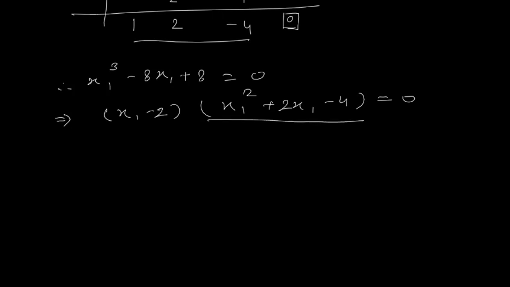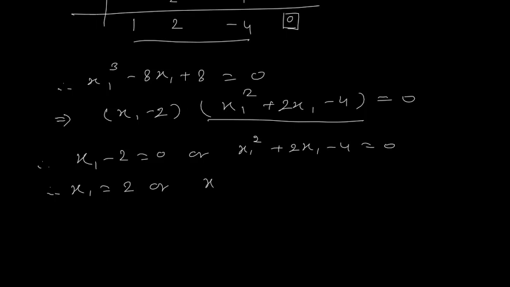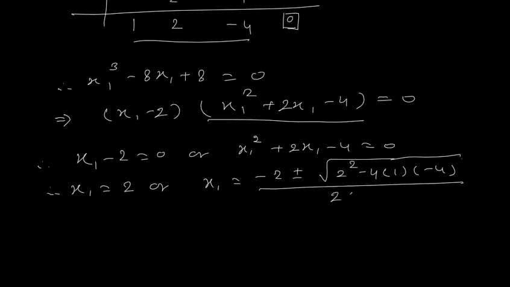So I will say that therefore either x1 minus 2 is 0, or I will say that x1 square plus 2x1 minus 4 is 0. So therefore I have x1 equal to 2, or I have x1 equal to minus b, that is minus 2, plus or minus root of b square, that is 2 square, b square minus 4, value of a is 1 and value of c is minus 4, whole divided by 2 into a, the value of a is 1.